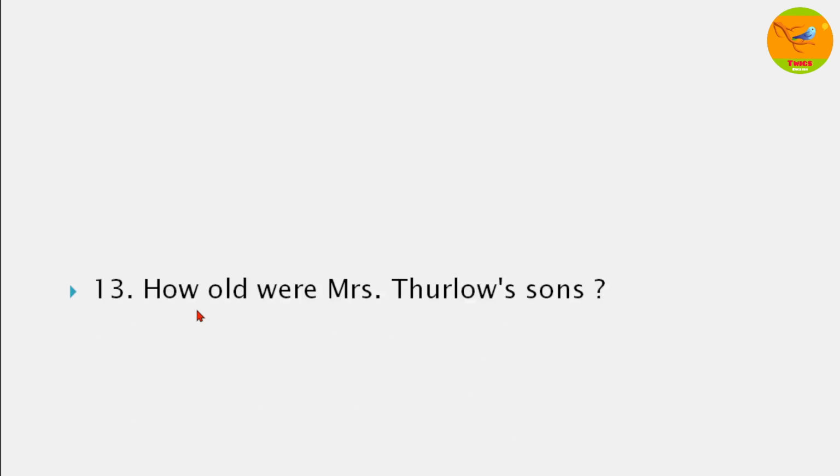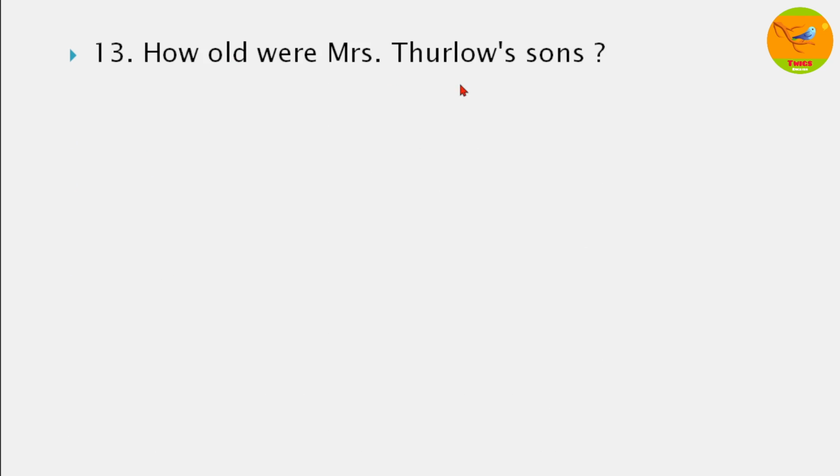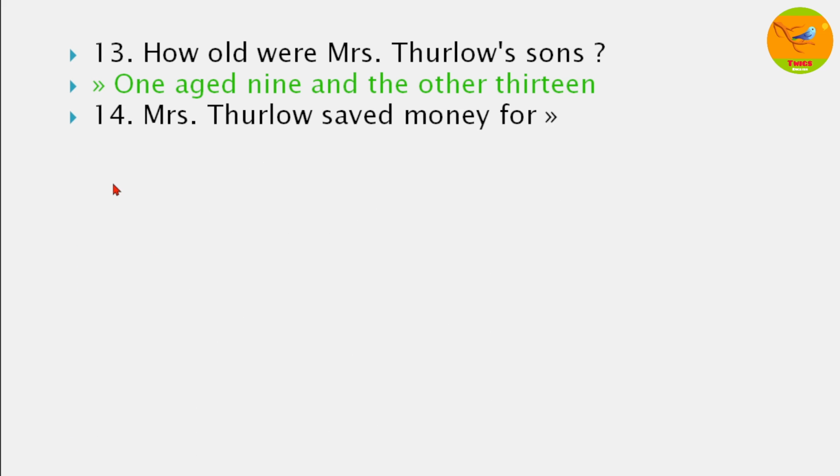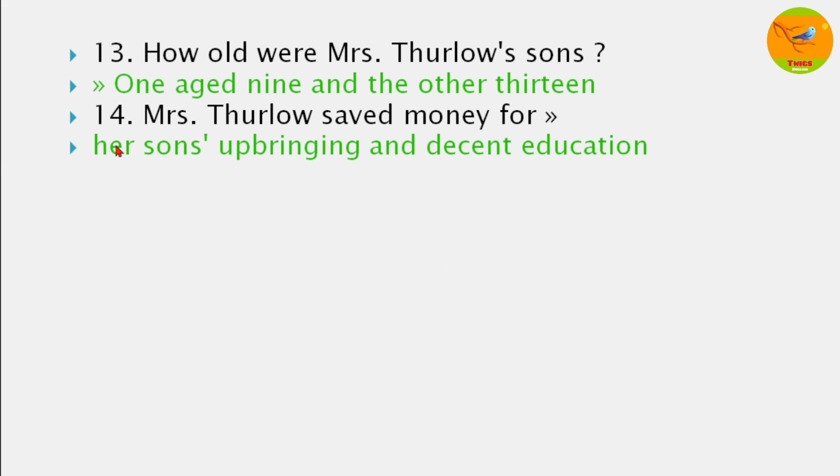Next, how old were Mrs. Thurlow's sons? One is 9 and the other 13. MCQ number 14, or the one-liner study material number 14. Mrs. Thurlow saved money for her sons' upbringing and decent education.